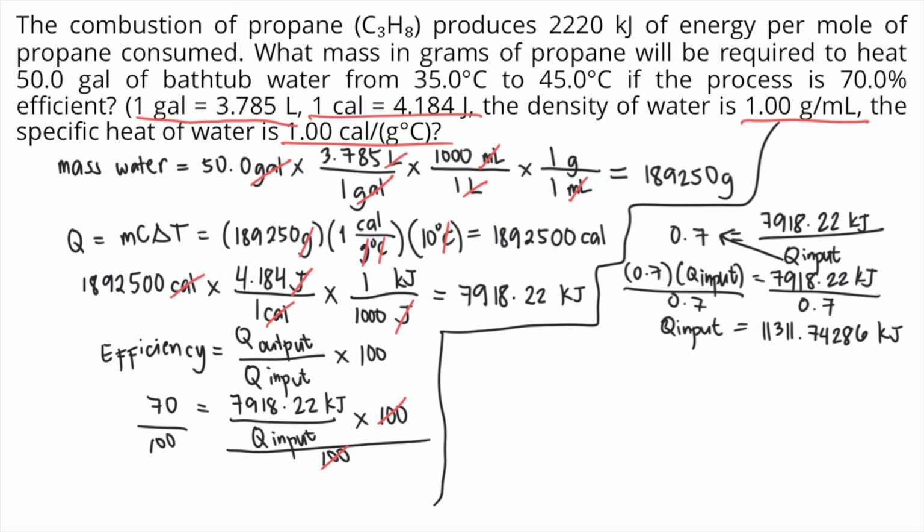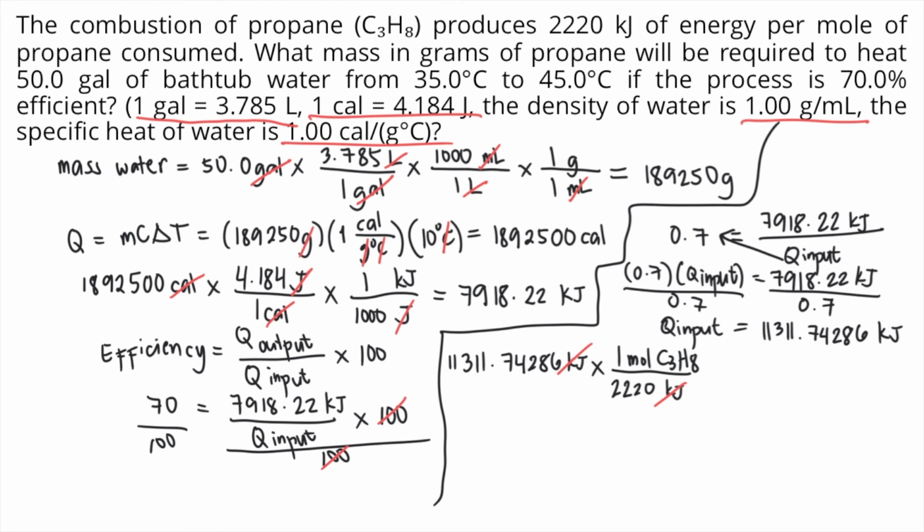Now let's just rewrite that, 11311.74286 kilojoules. So we need this much heat from the combustion of propane. And we know that the combustion of propane produces 2,220 kilojoules of heat upon combusting 1 mole of propane. So as you can see, the kilojoules cancel out.